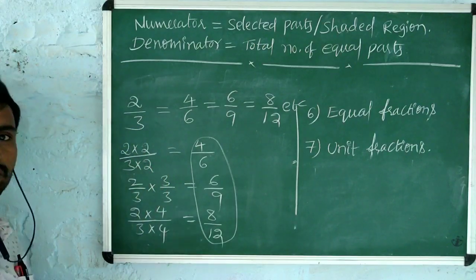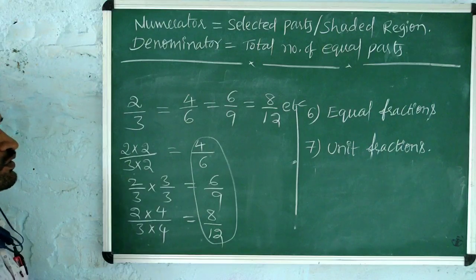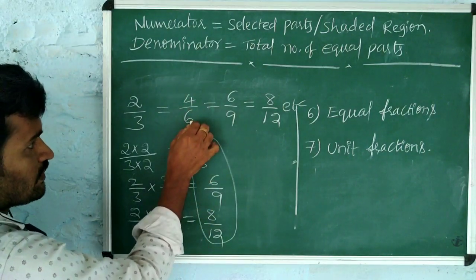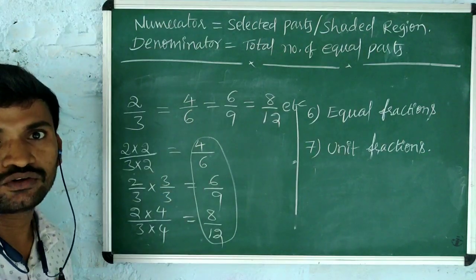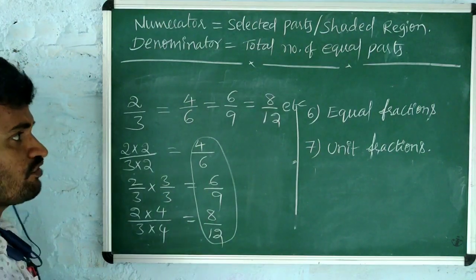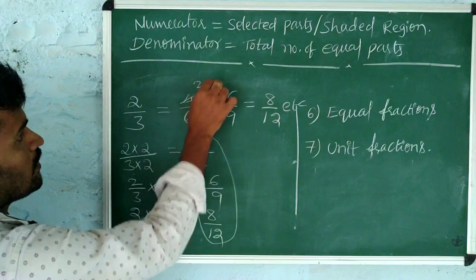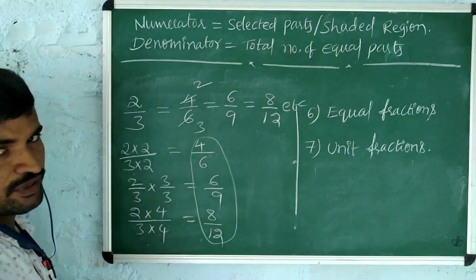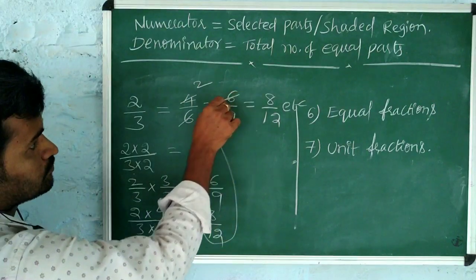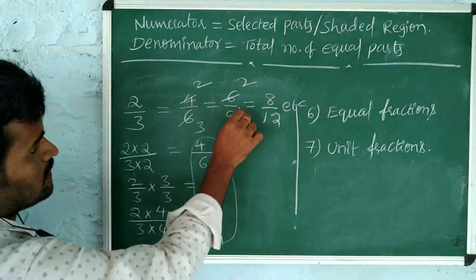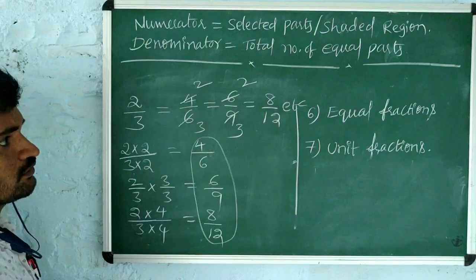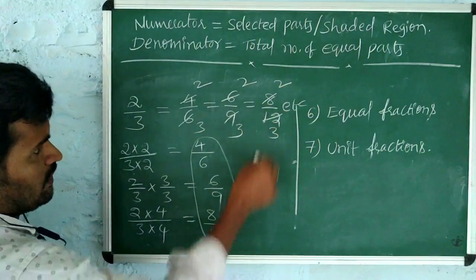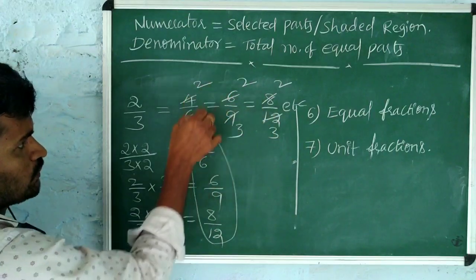If you may get a doubt, how can we say? See, here 4 by 6 is there. By reducing into least form or lowest form, 2 2 is 4, 2 3 is 6. So again 2 by 3 is coming. Next, 3 2 is 6, 3 3 is 9. Next, 4 2 is 8, 4 3 is 12. Again 2 by 3, 2 by 3.